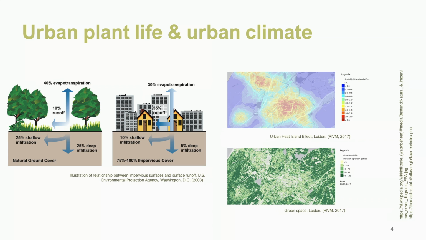Here we see an example of the importance of urban plant life for the living conditions in the urban climate. The image on the left shows the influence of high sealed and built-up surfaces.